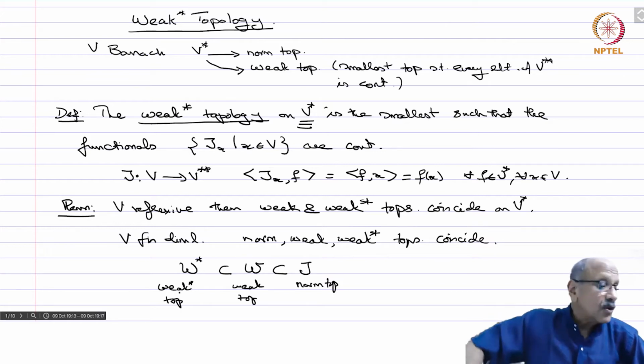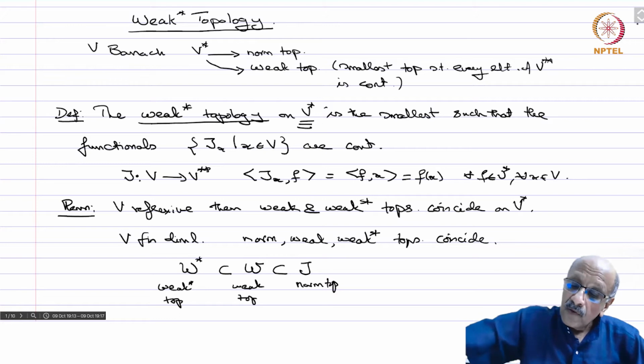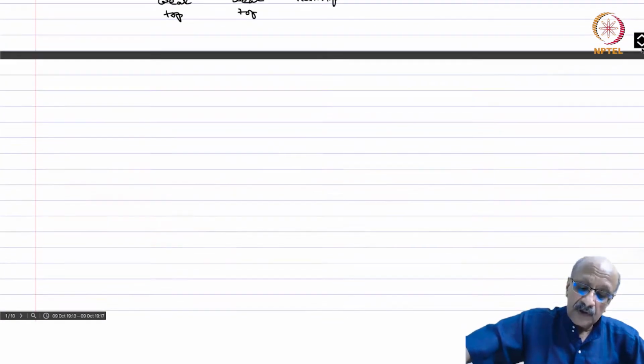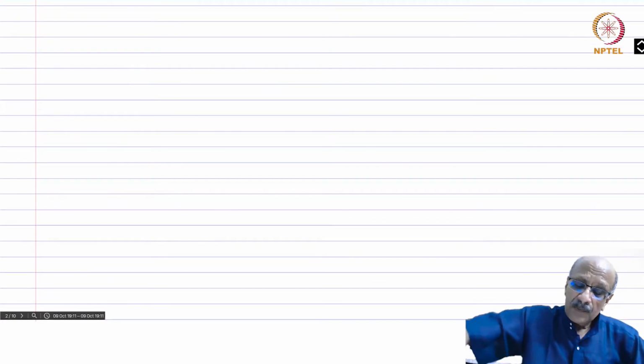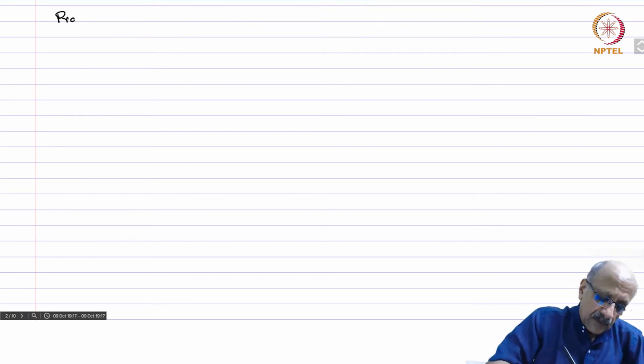So this is the inclusion between them. And then, okay, so first immediate proposition: any self-respecting topological space better be Hausdorff. So proposition: weak star topology is Hausdorff.